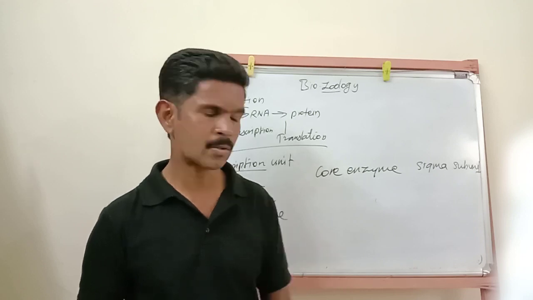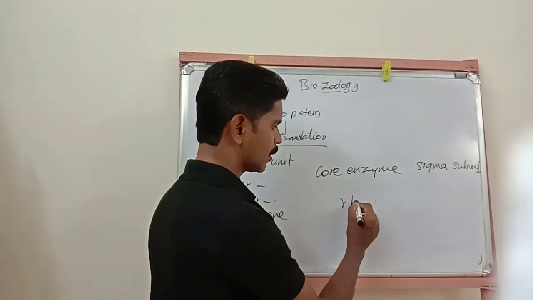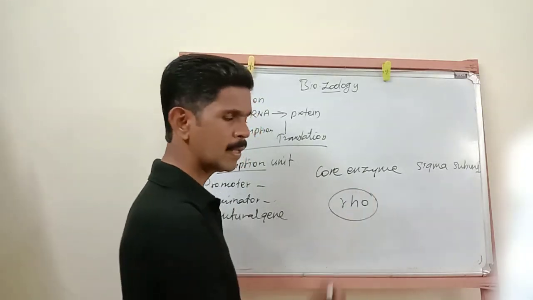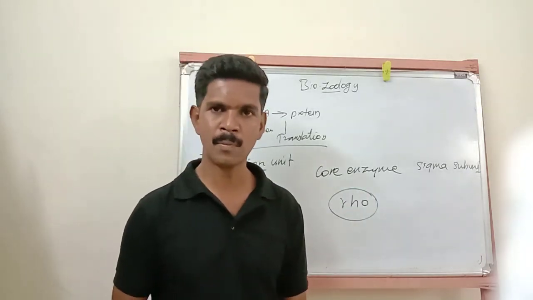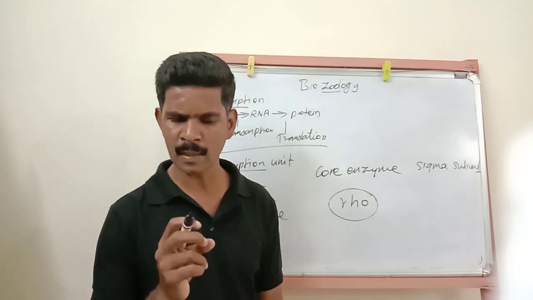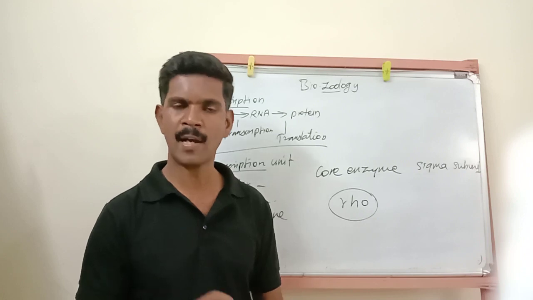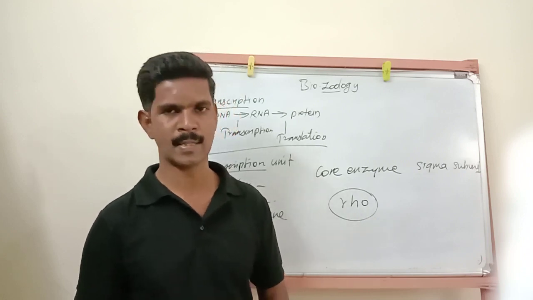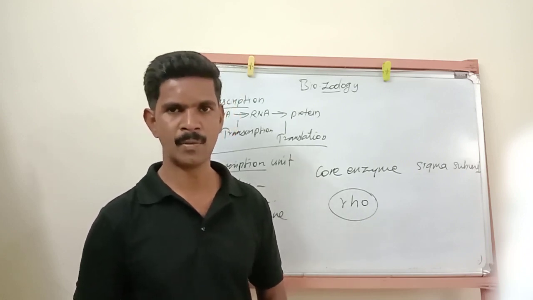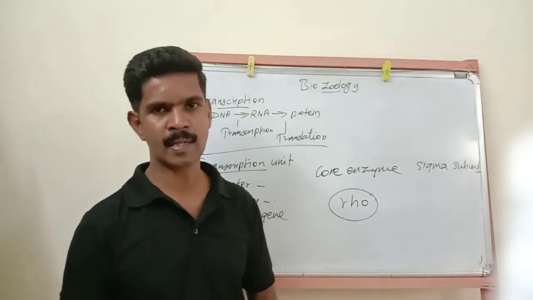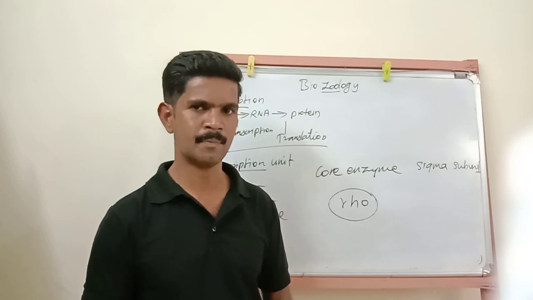The name of that protein is the Rho protein. So the Rho protein is the additional protein molecule present at the terminator sequence, and the terminator finally forms a hairpin-like structure. I hope you all understood the structure of the transcription unit.